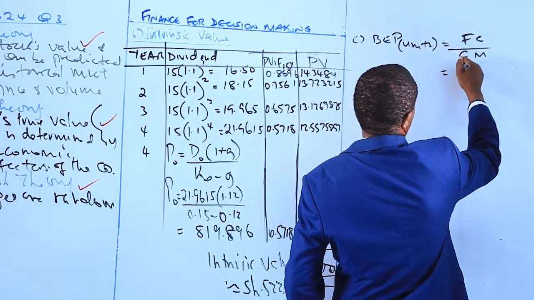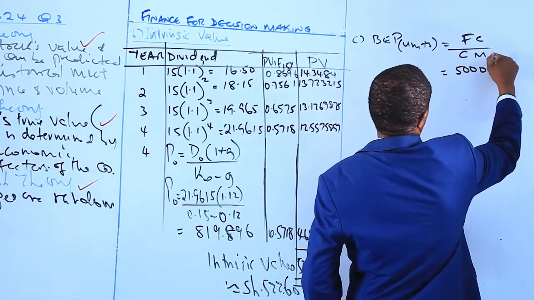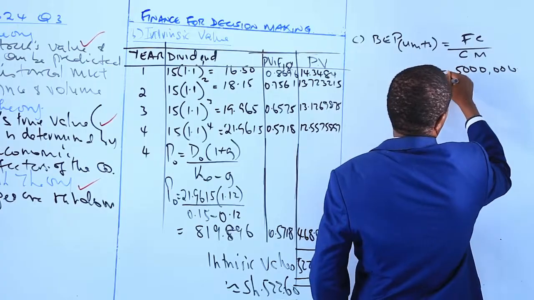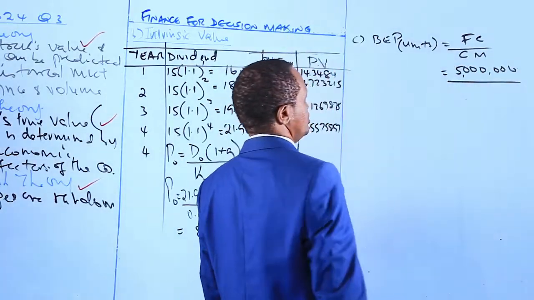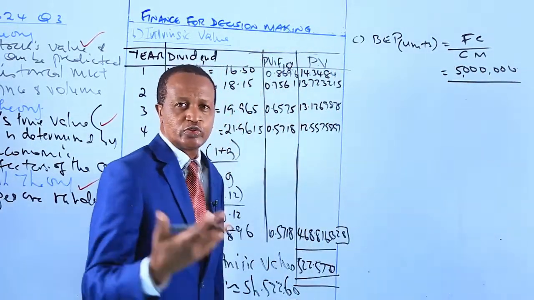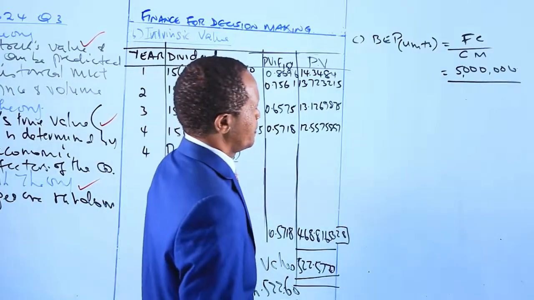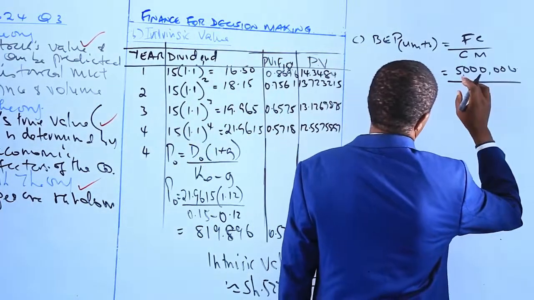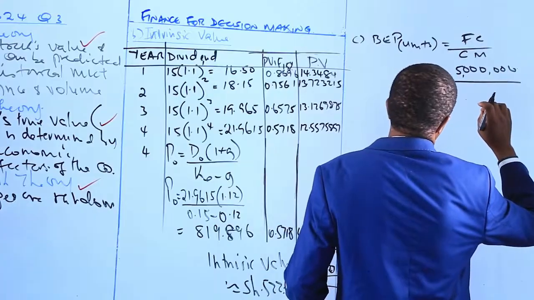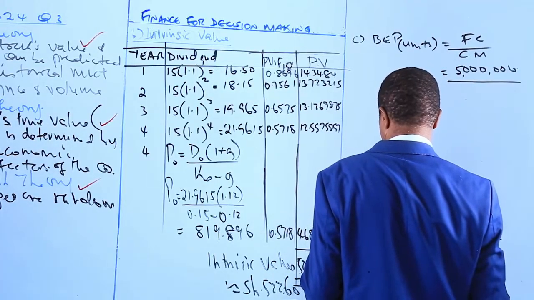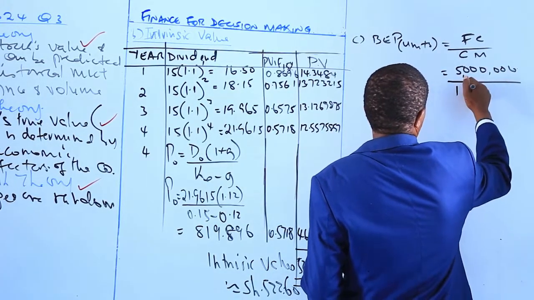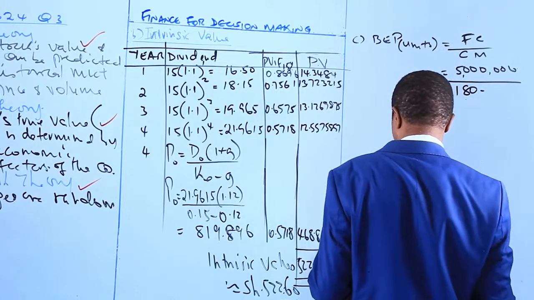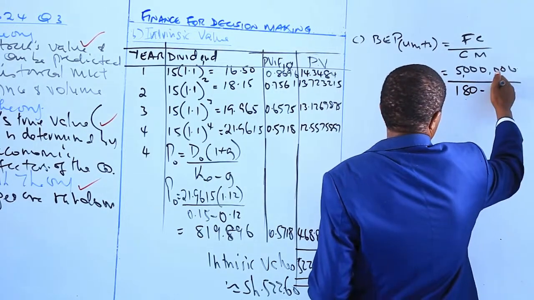The fixed cost here is 5 million shillings. What is the contribution margin? We know the contribution margin is equal to selling price minus variable cost. The selling price here is 180. The variable cost from the question is 80.